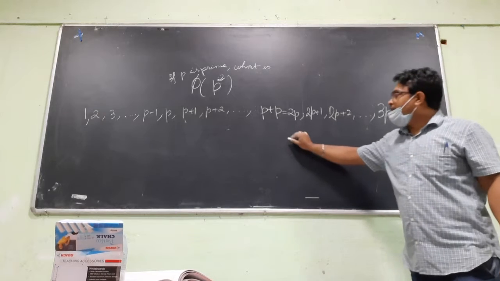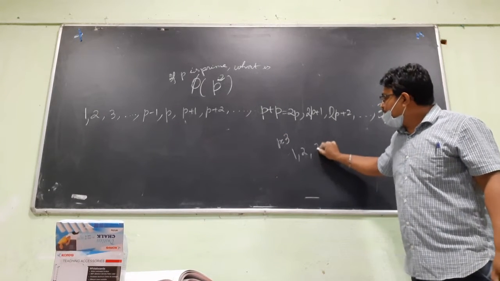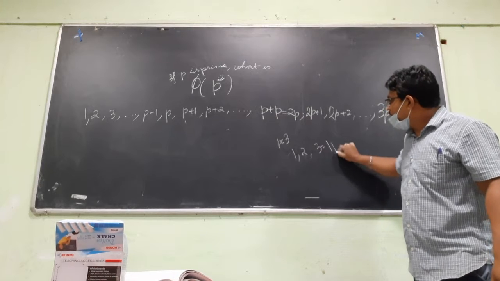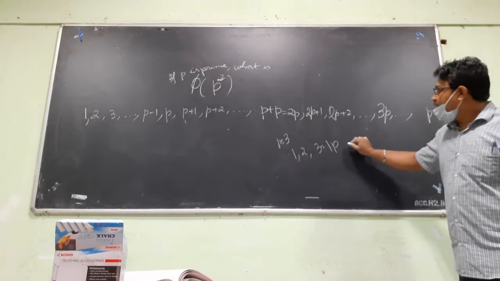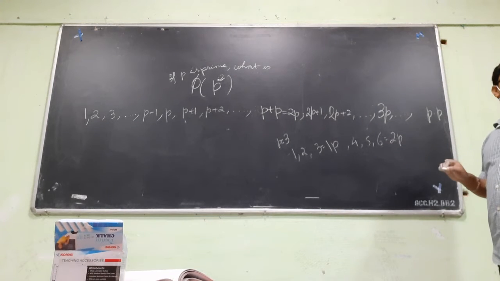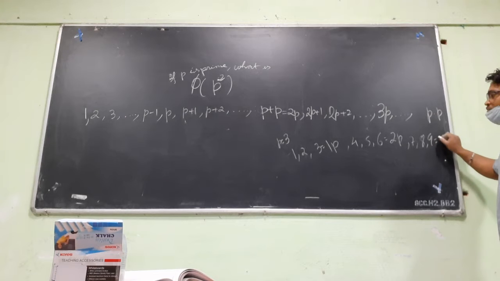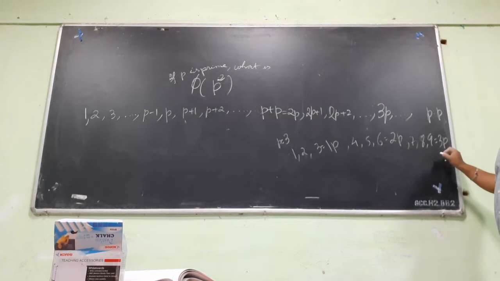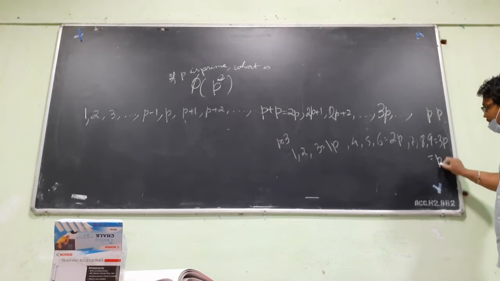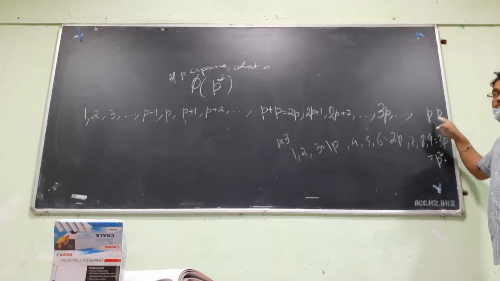Say p is 3. So 1, 2, 3, where 3 is actually 1p. Then 4, 5, 6, where 6 is twice p. Then 7, 8, 9. 9 is 3p, which is the same as p square. So after some stage you should get pp.